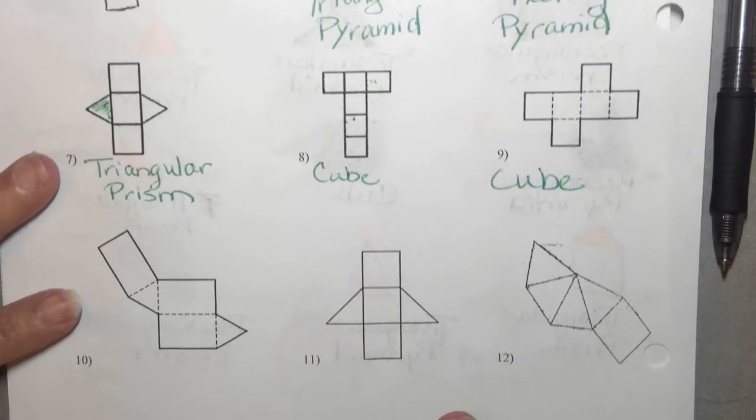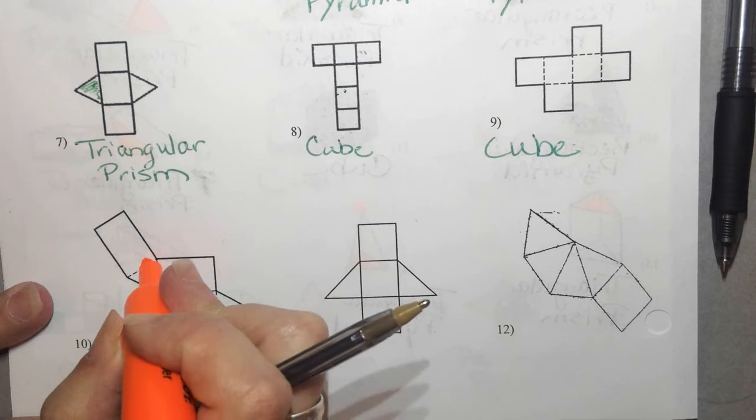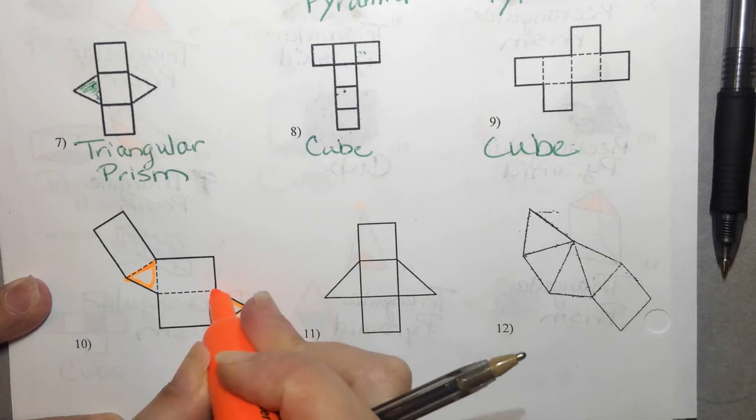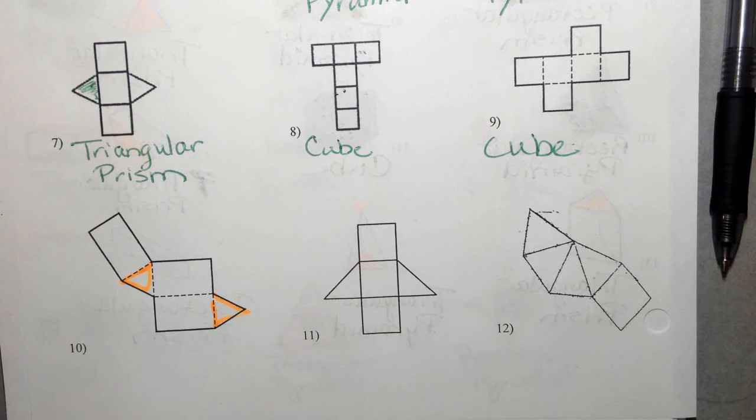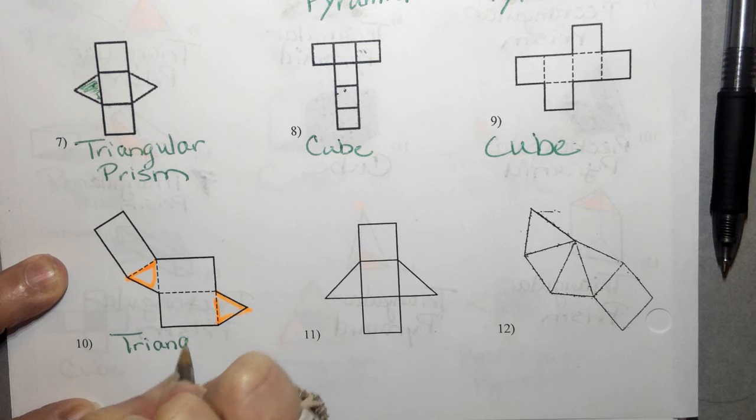If it's like a triangular prism. Okay, so yes, it's made of 2 triangles. The rest are rectangles. So when you fold it up, kind of roll it around, it would be a triangular prism.